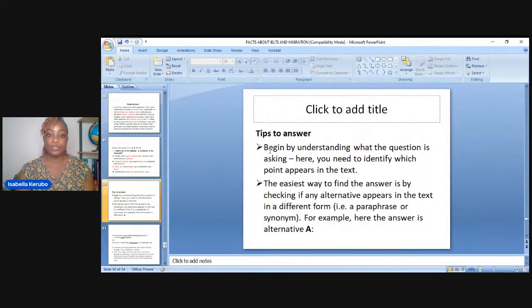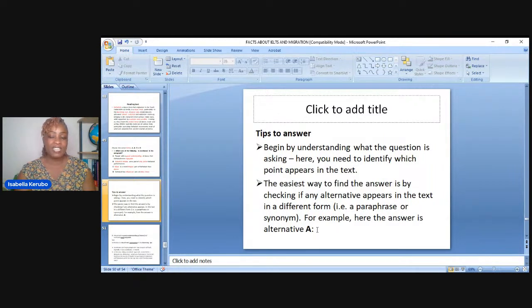And just to mention, these are the tips to answer this type of question. First of all, begin by understanding what the question is asking. All right. You need to understand what the question is asking. And there are two ways that you can find the correct answer to these type of questions. All right. The first, which most test takers or students find the easiest, but it all depends.